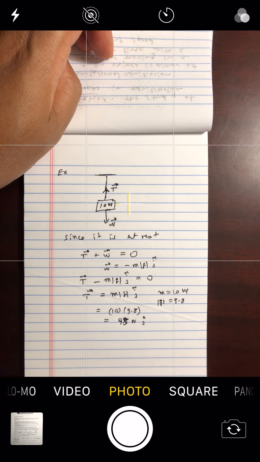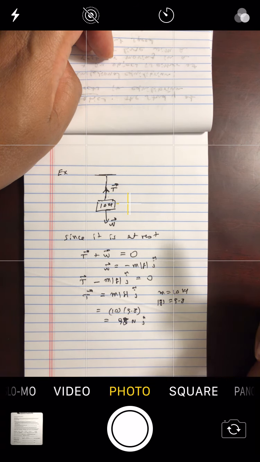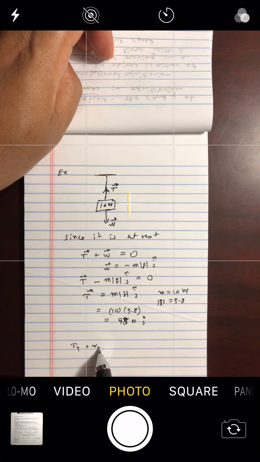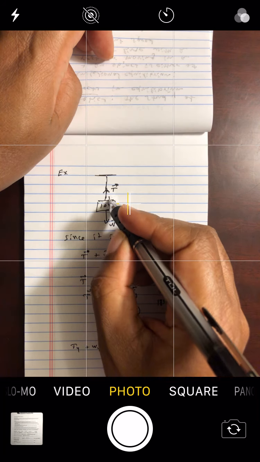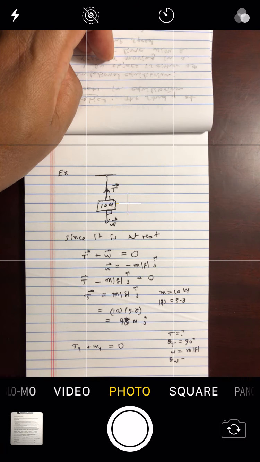If we rather use the component form, you see these two forces don't have x components, because they're vertical forces. So the component form is: Ty plus Wy equals 0. We don't know the tension, but we know its direction: 90 degrees. For the weight, we know its magnitude is mass times gravity, and its direction is negative 90 degrees, that is, 90 degrees clockwise.